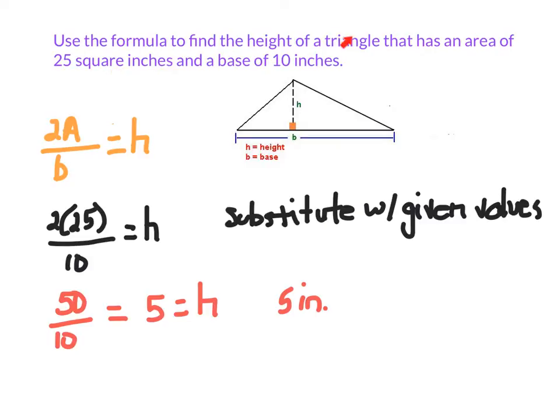For the a, we're going to use the area of 25 square inches, and the base was 10, so that's going to be 2 times 25 over 10 equals h. Now we substituted the given values, and now we simply simplify and work this out, and we end up with h equals 5.